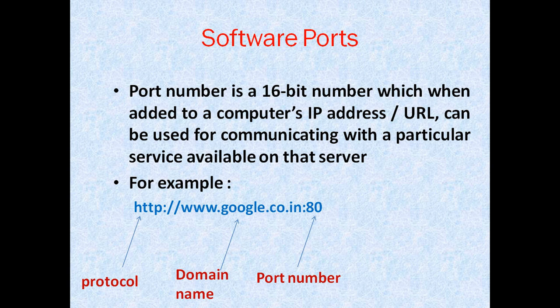For example, google.com is a unique web identifier, that is a URL, and the port number is usually 80. So the domain name is co.in and the protocol is HTTP.